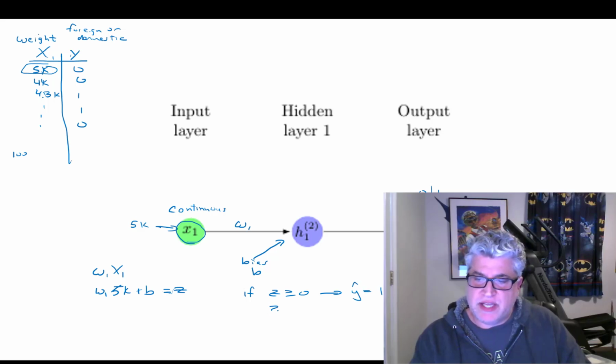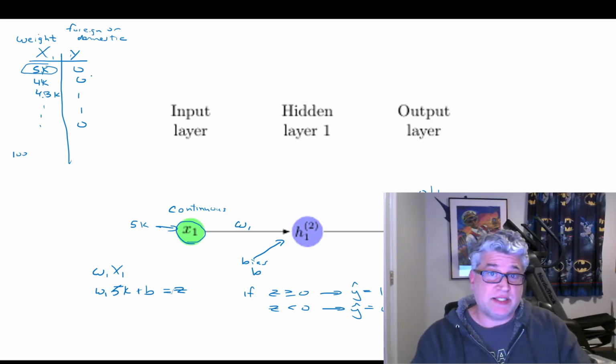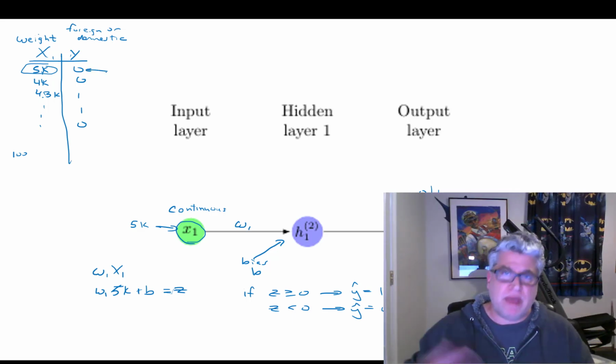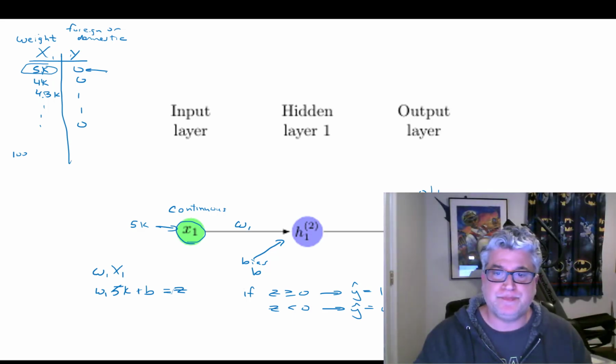And if Z is less than 0, then we're going to predict 0. Maybe this is domestic and this is foreign. So we'll get an output, this Y hat, and hopefully it's the same value as what was actually the case. If not, then maybe our model needs some tweaking. We need to update those parameters.